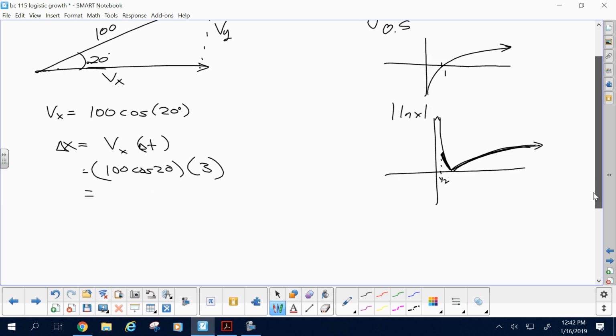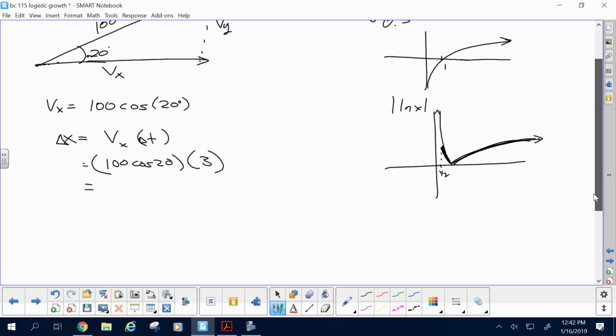Absolute value then, as typically happens, is piecewise. The natural log absolute value is the same as the function of normal natural log for x beyond 1. But this is actually going to take the opposite of the y value. So this is the opposite of log for x between 1/2 and 1.